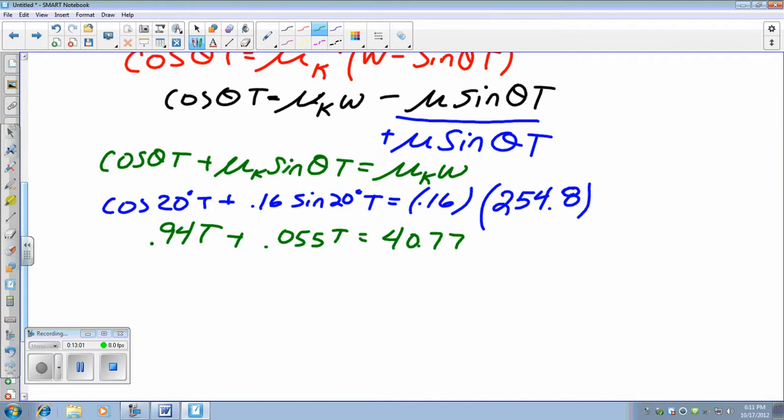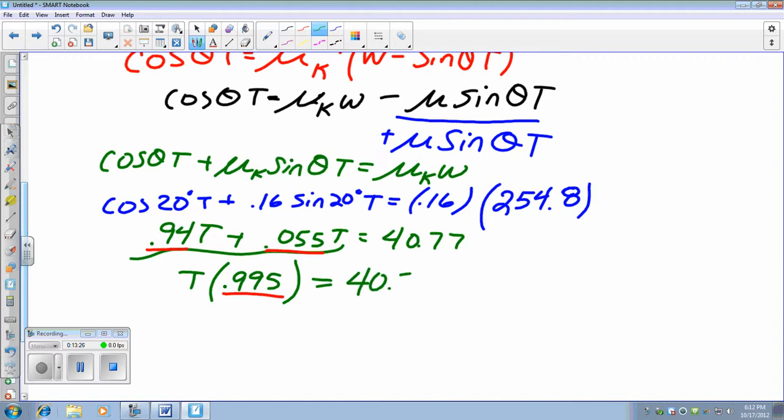40.77. Let's simplify this side, and what we're going to see is that tension is multiplied by 0.94 plus 0.055, which essentially is 0.995. All I did was add these two values together to get this value, and that's going to be equal to 40.77.